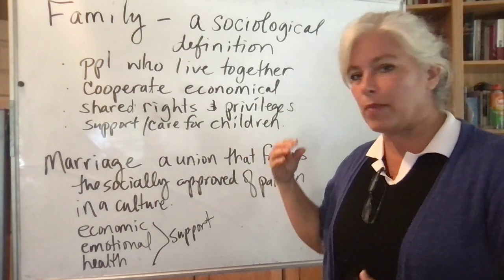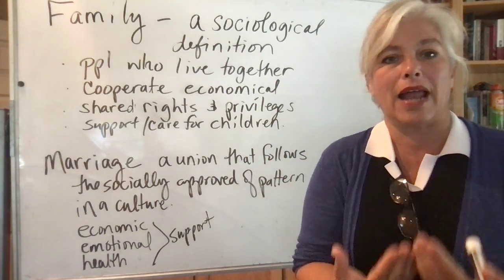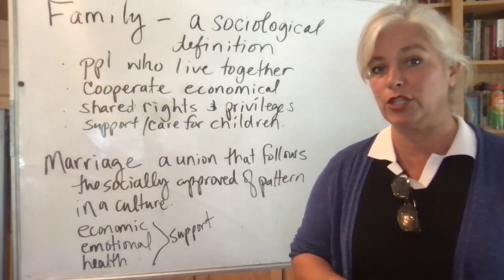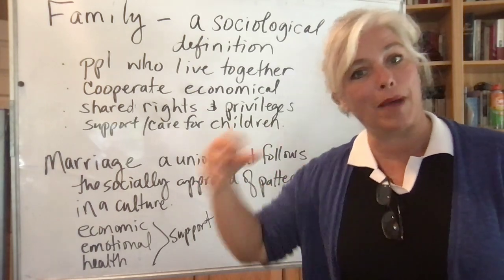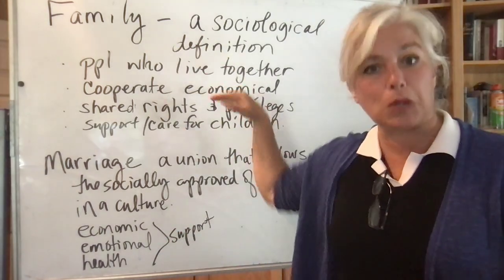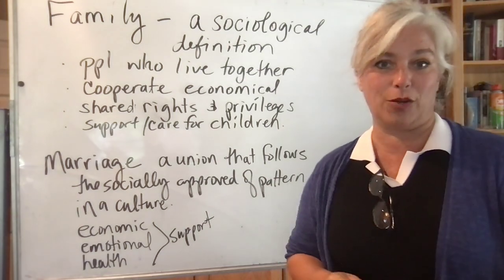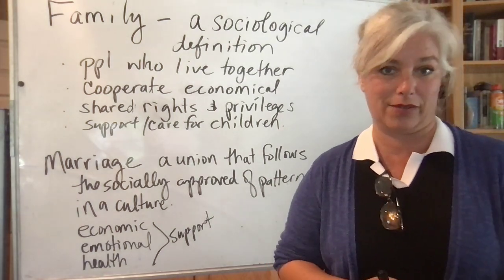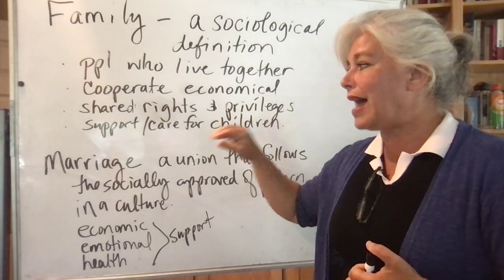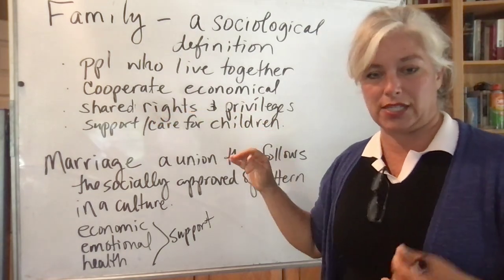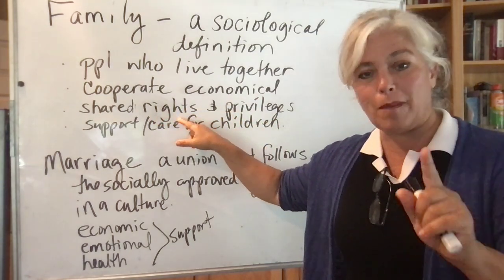When you have a family member, for instance, the job that I have offers benefits, and all I have to do is say, I want this person covered on my dental plan, and if they have a family relationship with me, then that benefit will be extended to my offspring, to my husband, these kinds of things. And so family has shared rights and privileges, and we're very general about what those are.